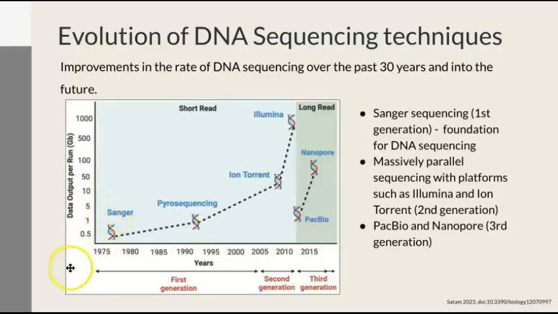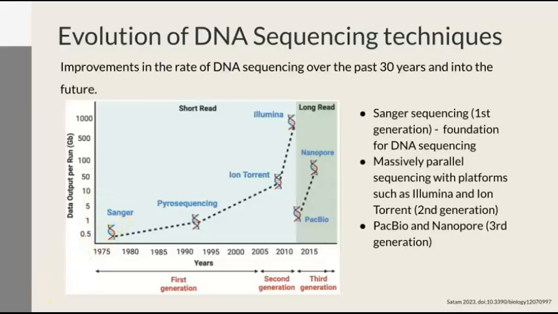So let's first talk about the evolution of DNA sequencing. The first sequencing effort was actually started with RNA and not DNA. This is in the early 1970s. And in 1977, the Sanger group developed a chain termination method that allowed them to sequence DNA.